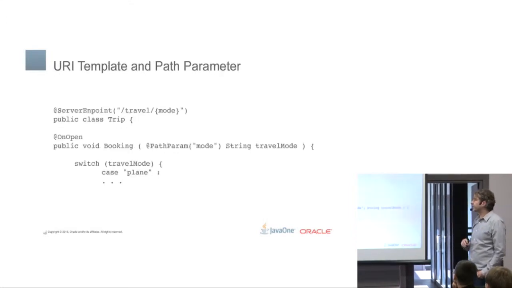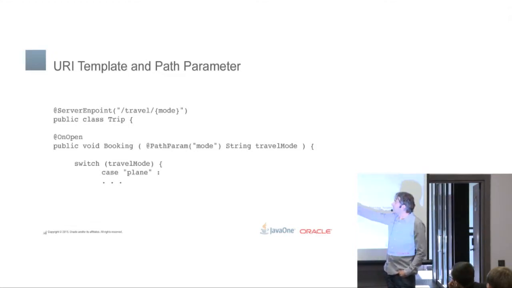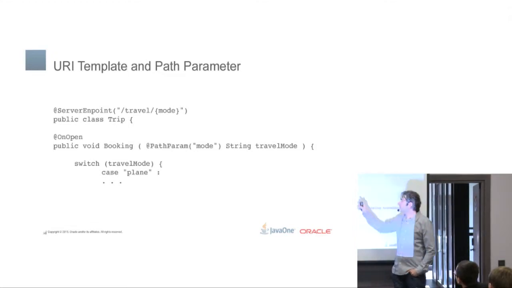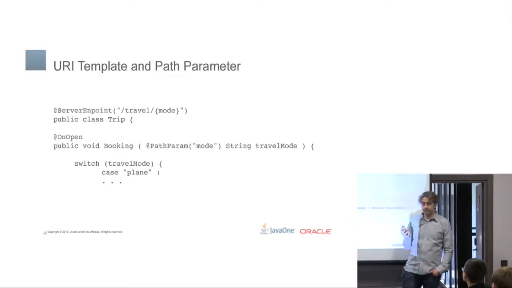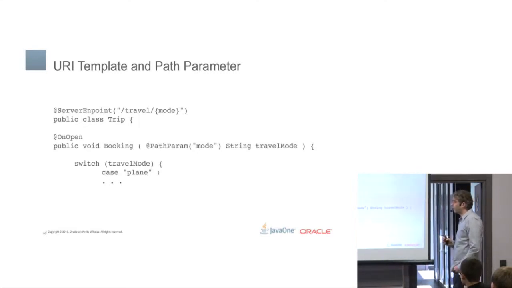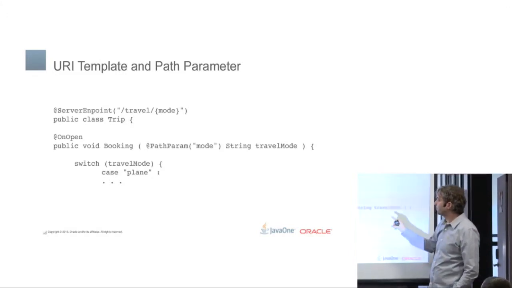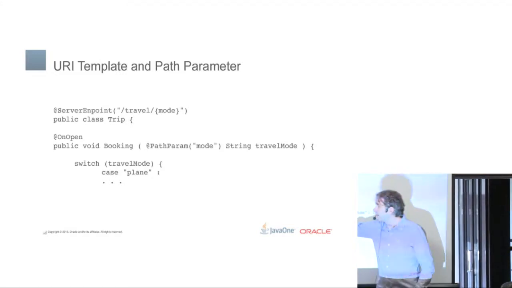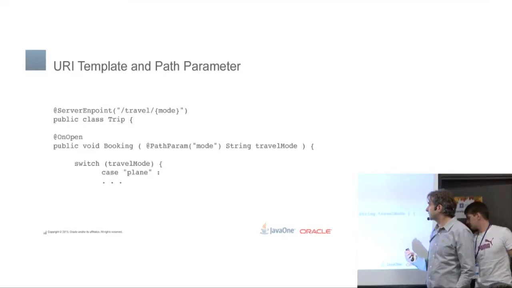So how can you get the information which is passed to the template? In this case, my server endpoint is exposed at this URI, so {mode} is a template. Keep in mind that this is not the final URL of my endpoint. We need to take into consideration the hostname and the web context of the application. But whenever I have a client connecting there, I just need to use the @PathParam annotation on my open event to get back the value which is being sent.